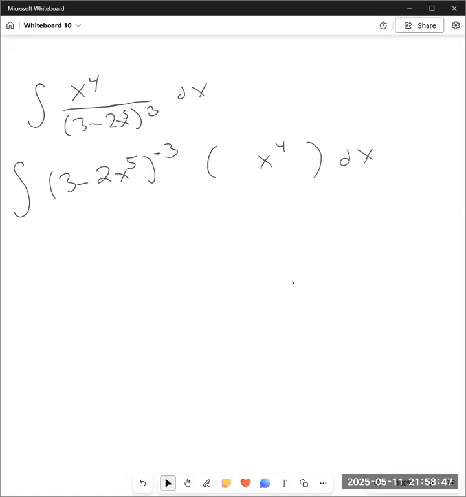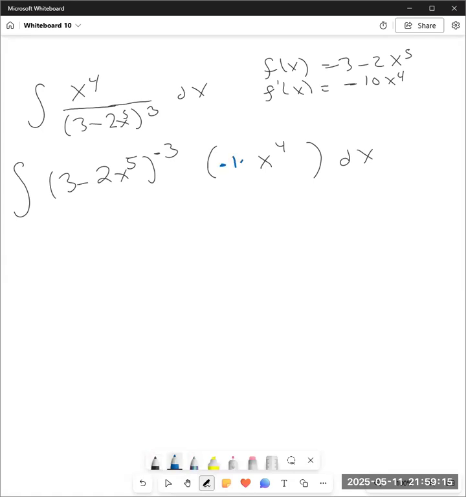I'm going to check my derivative of my f of x here. So if my f of x is 3 minus 2x to the 5th, my f prime of x is negative 10x to the 4th. So I need to multiply inside by negative 10 and outside by negative 1/10.